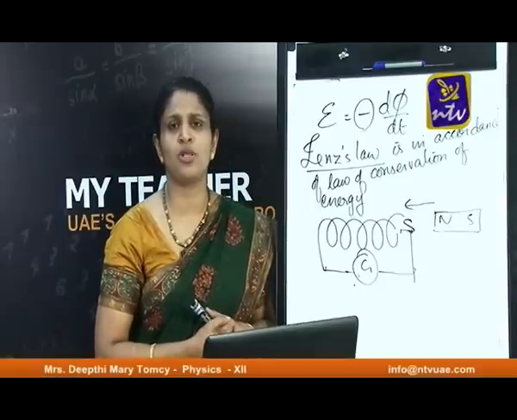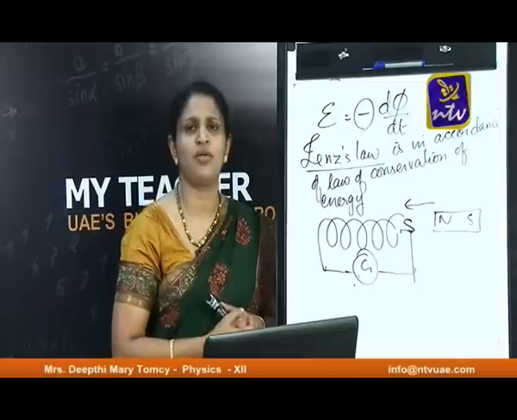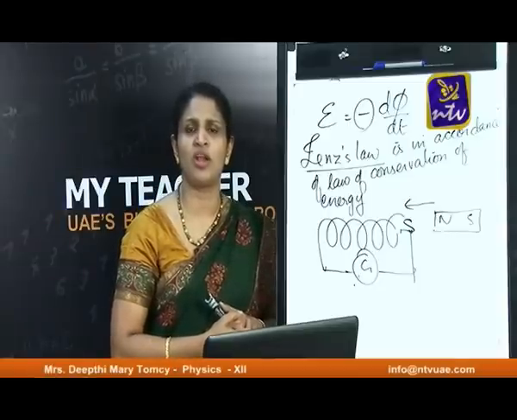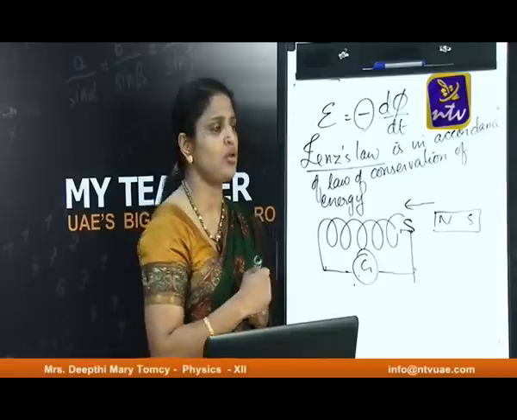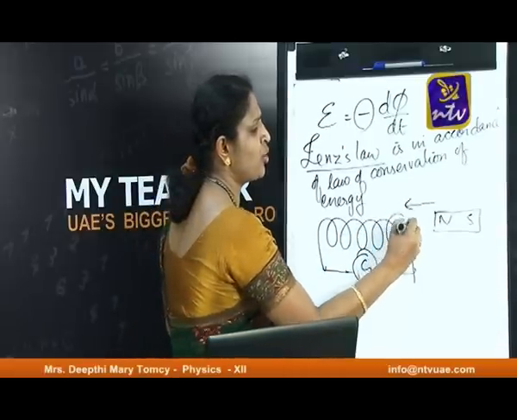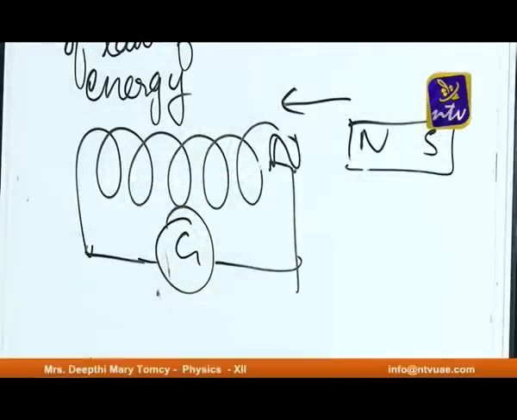The conservation of energy principle says that you can transform energy from one form to another, but you can neither create nor destroy energy. And according to Lenz's law, if this is becoming the north pole, then you are doing work against repulsion to change the magnetic flux.